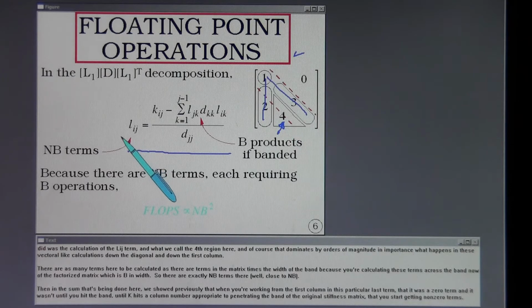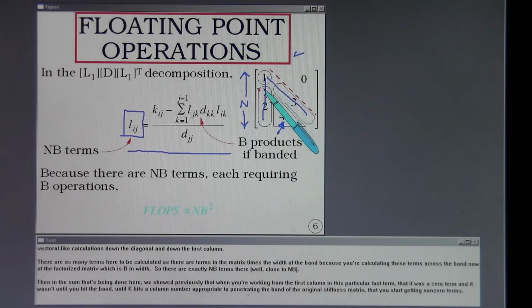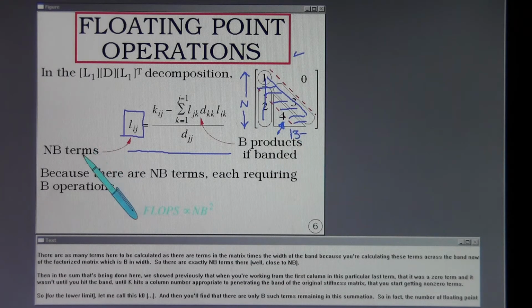There are as many terms here to be calculated as there are terms in the matrix times the width of the band, because you're calculating these terms across the band now of the factorized matrix, which is b in width. So there are exactly nb terms there.